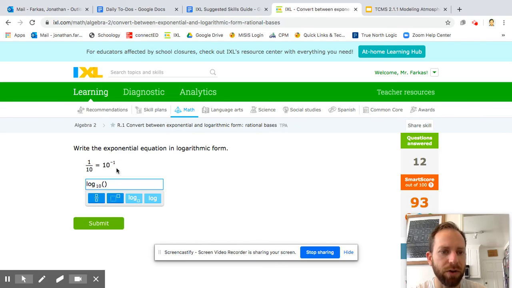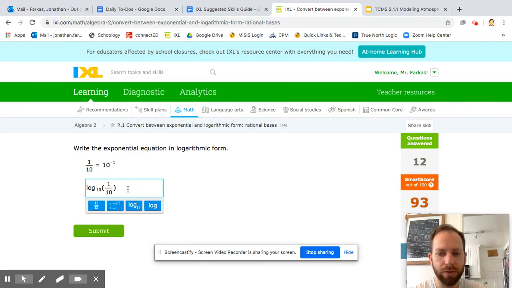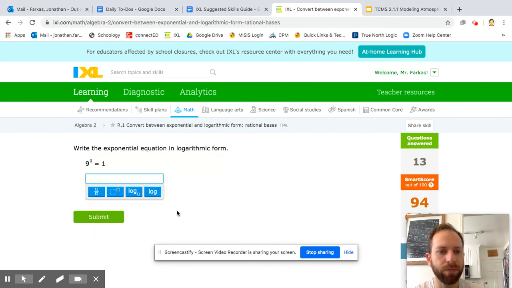And then the exponent's our answer. So log of 1 over 10, oh, here's the fraction, 1 over 10, equals -1. Remember, we're solving for the exponent. All right, there you have it. I hope that you start understanding how to convert between exponential and logarithmic form and that this makes sense.